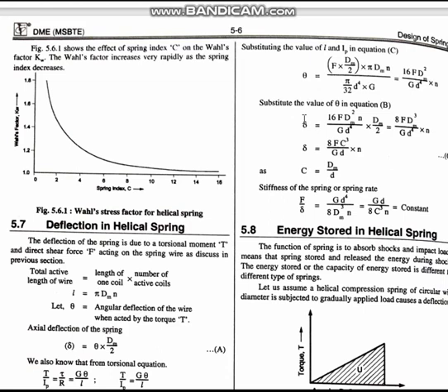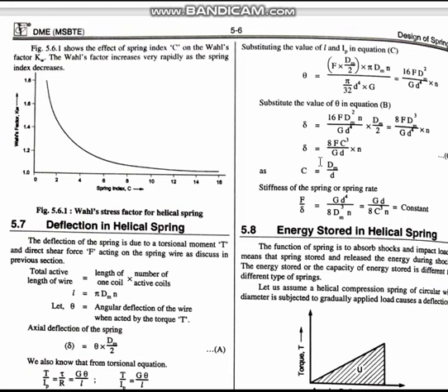Now substituting theta in equation A, sorry, it should not be B. Now delta is equal to theta into Dm by 2.